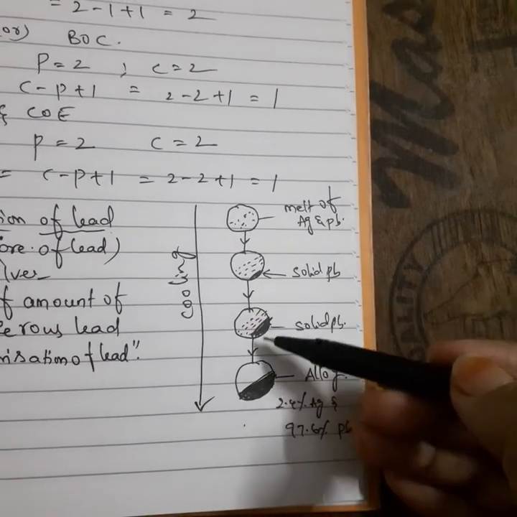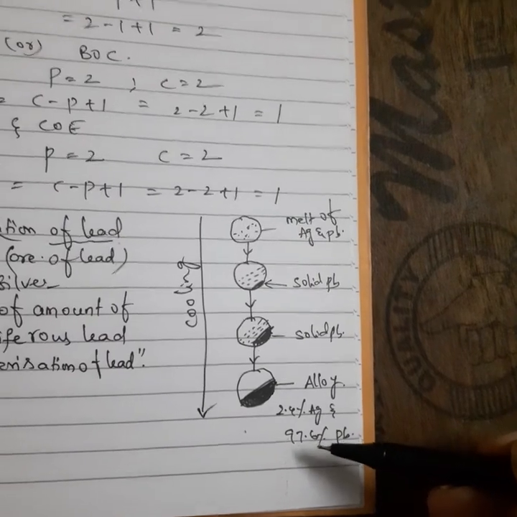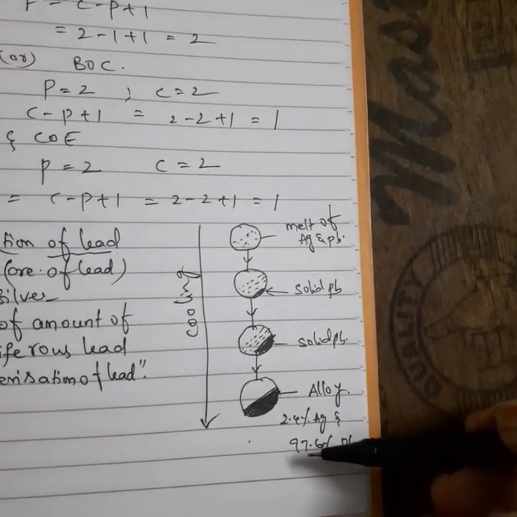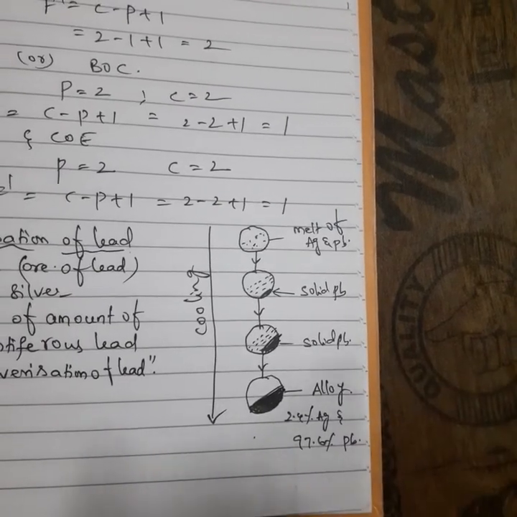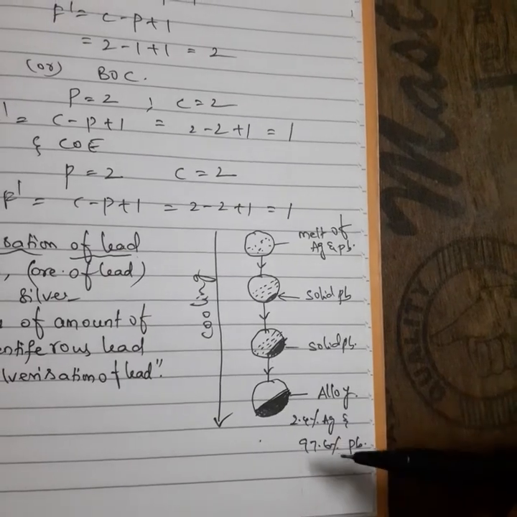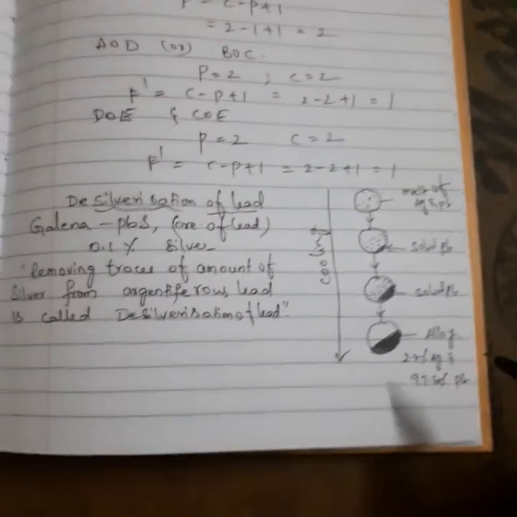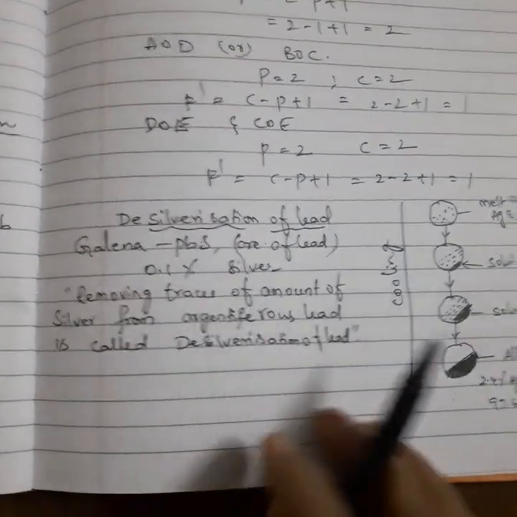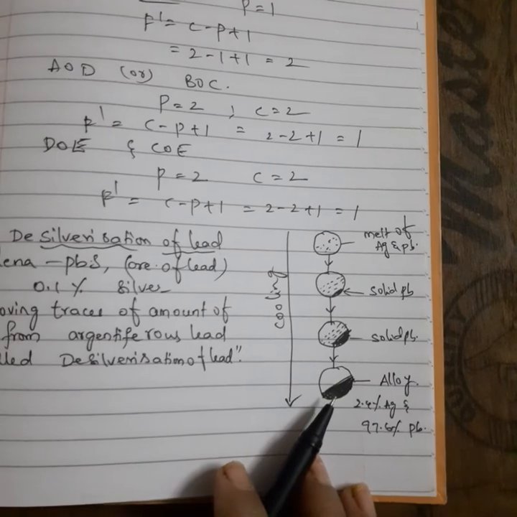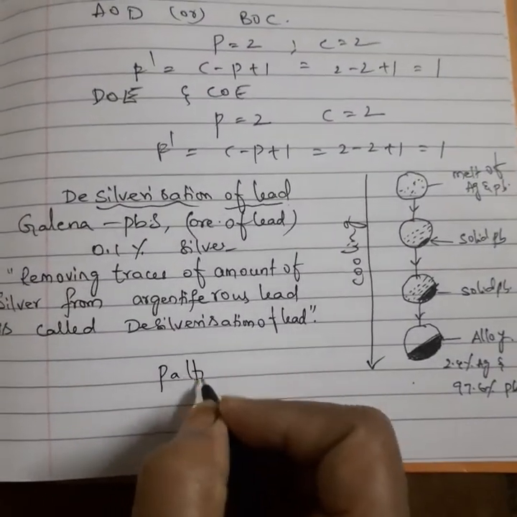Whenever, at different stages, we remove the solid form of lead, pure solid lead, we remove it by using ladles. Ladles means, in Telugu, garitelu. We are removing this solid form of lead by using ladles. Okay, so this process, removing lead by increasing the composition of silver, is called Pattinson's process.